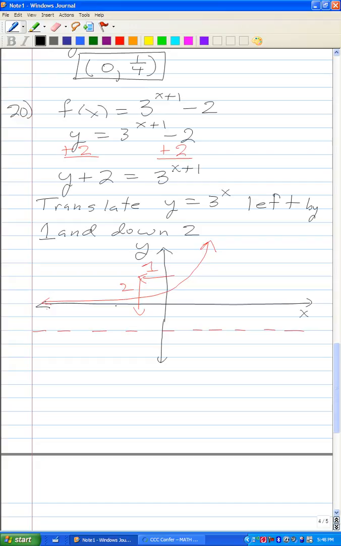And so move this down 2 and over 1. So the x-axis is going to go over 1. So now let's try to graph this. So at 1, it should go there. Okay. So it should look something like that.